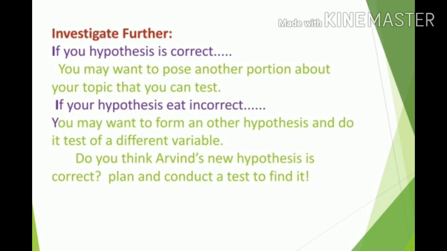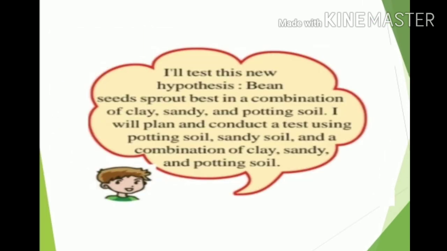So, do you think Aravind's new hypothesis is correct? Then plan and conduct a test so that you can find out. Okay, this will help you go in a scientific manner and find out the results.